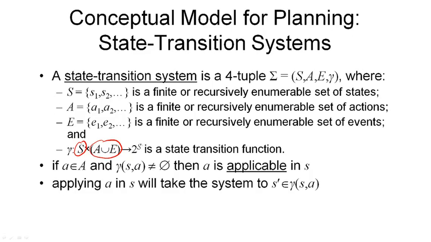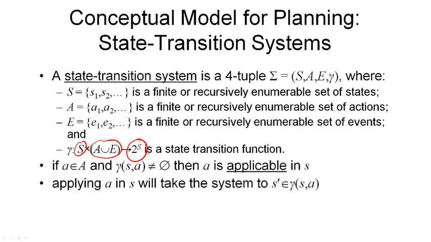The result of applying the state transition function then is another set of states. So this notation here, 2 to the S, just denotes the power set of all possible states, which means an element of the set is itself a set of world states. So the state transition function takes a state, an action or event, and gives us all the possible states that may be the result of applying this action or this event happening.